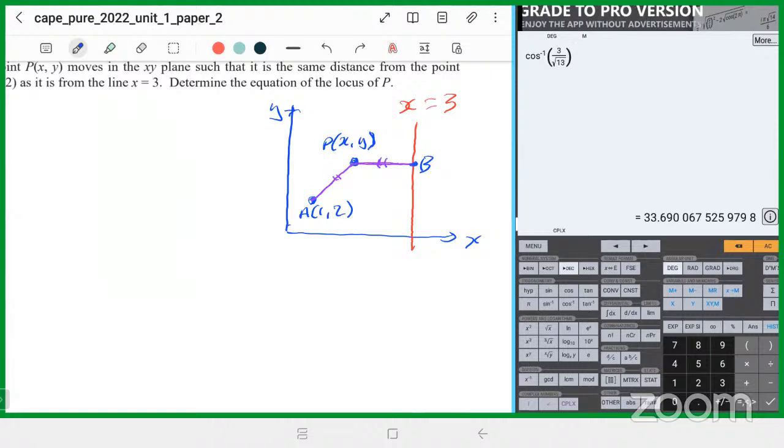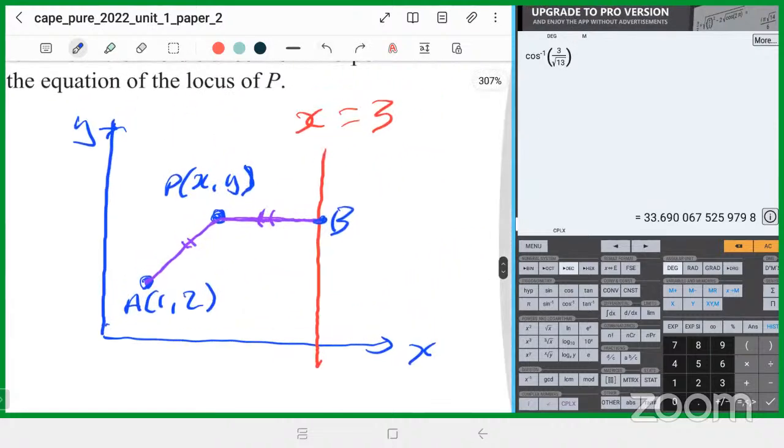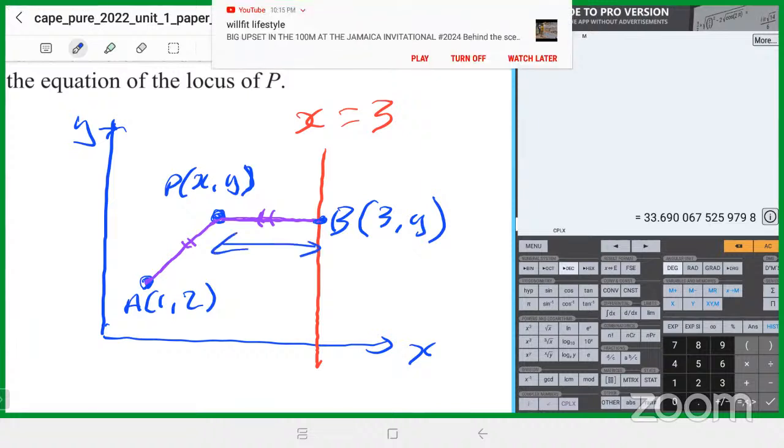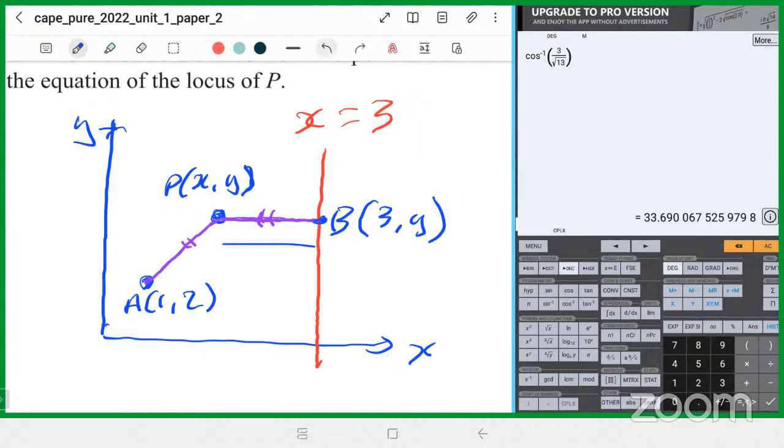Remember, you see the coordinates of B right here is going to have the same y value as this, so this is going to be the point 3, y. So the length here is just the difference between the x value here and the x value here. That's this length.